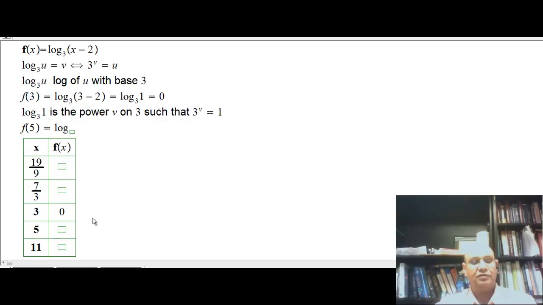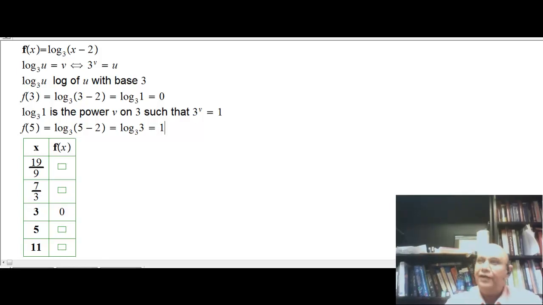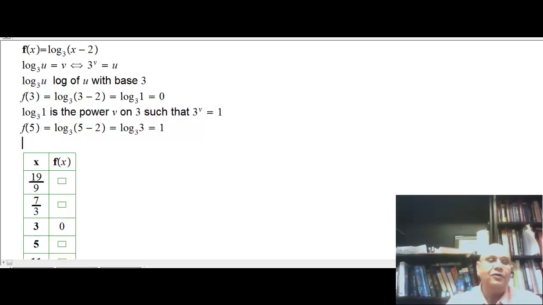Log of 5 minus 2 base 3. Very good. Then that equals log of 3 base 3. 3 to which power is 3? 1. So this is 1.